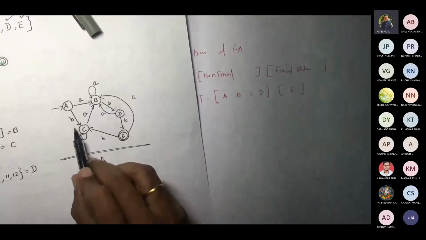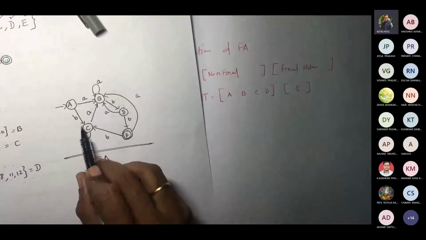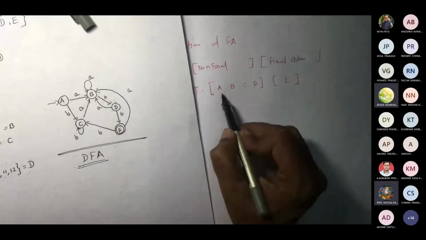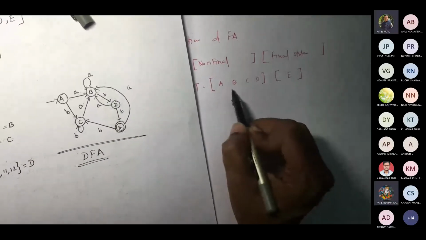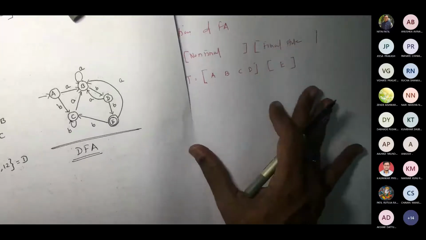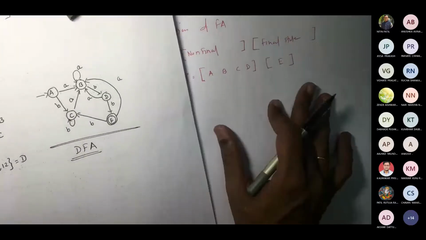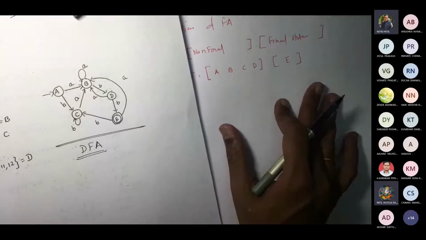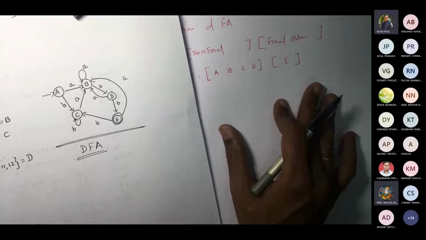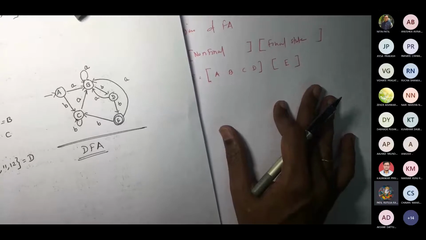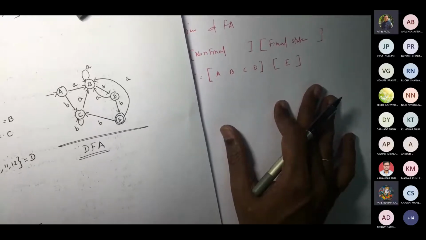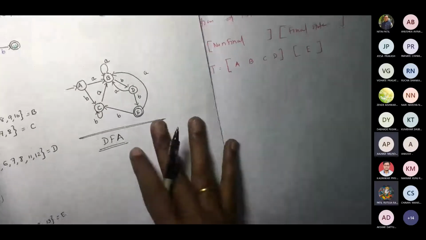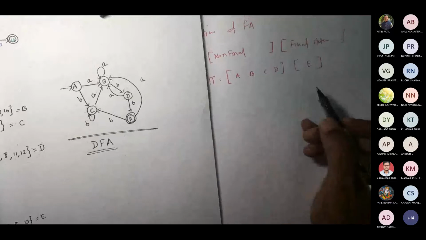Okay, let us try to see input b. Is it going to be in the same set? Yes, it is here only, correct? Now for B, in the same set. For C, check carefully. For C, yes, it will be in the same set, correct?